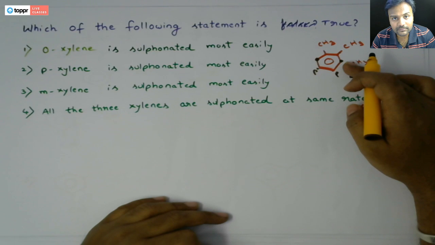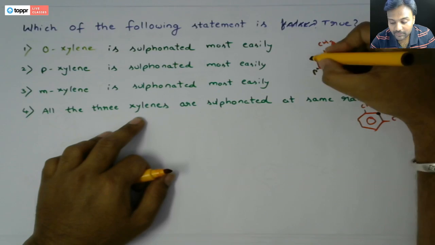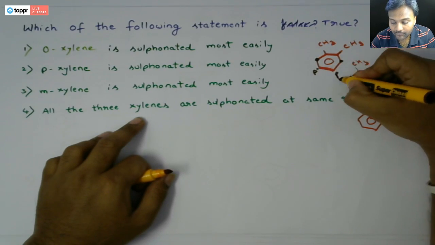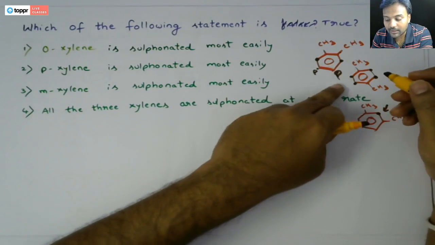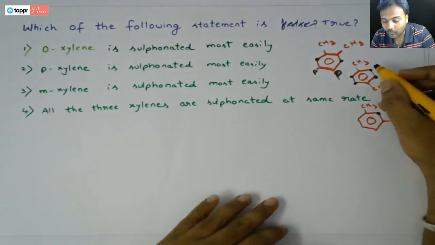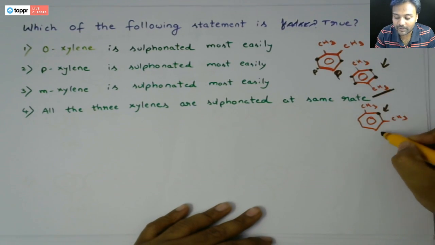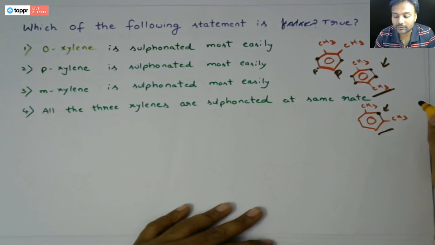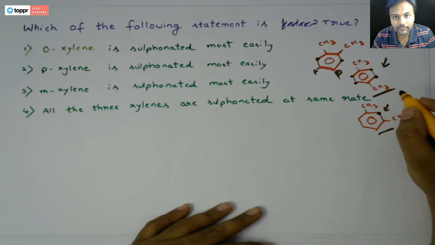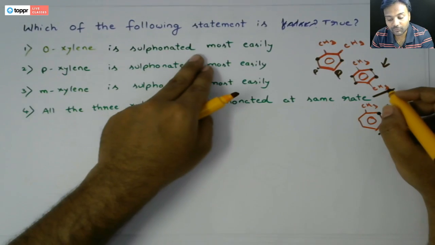What is the reason why? Because you can see here, the para positions are present far away from the substituents, whereas in this case and this case, it is blocked. Are you understanding? So orthoxylene is sulfonated most easily.